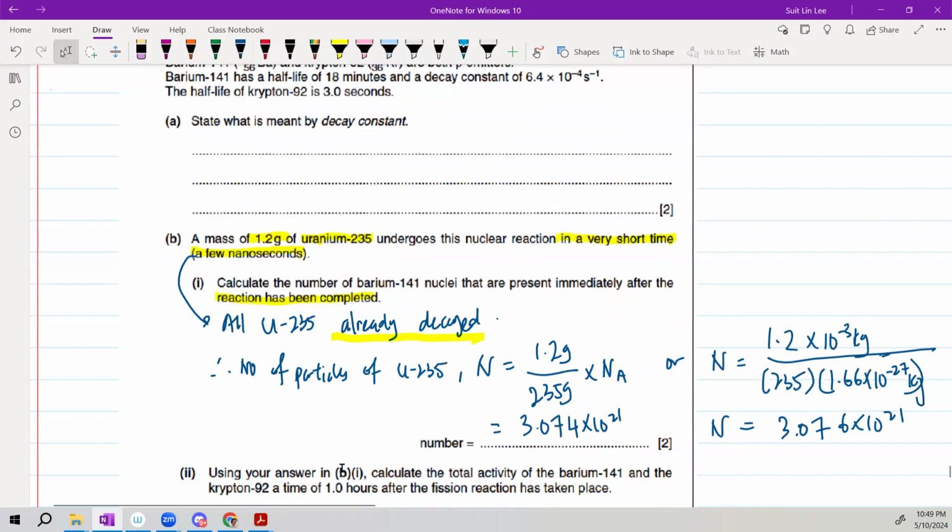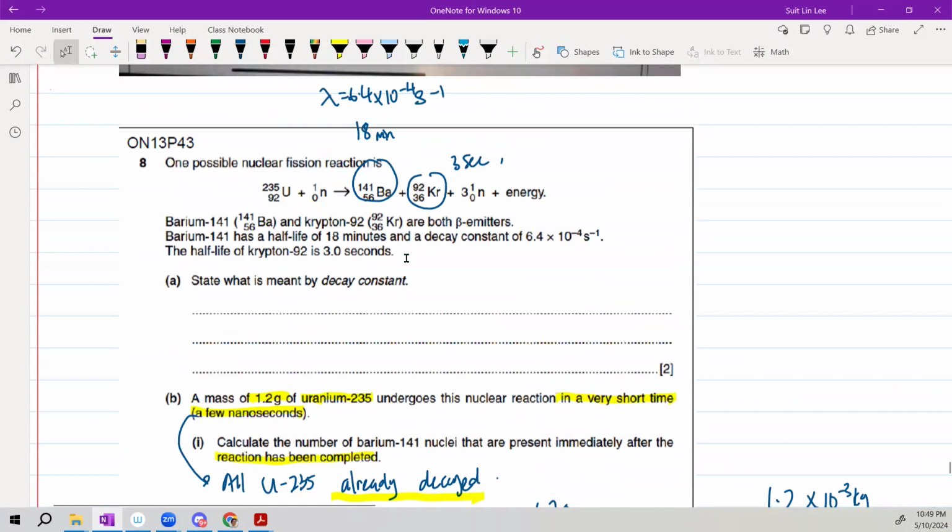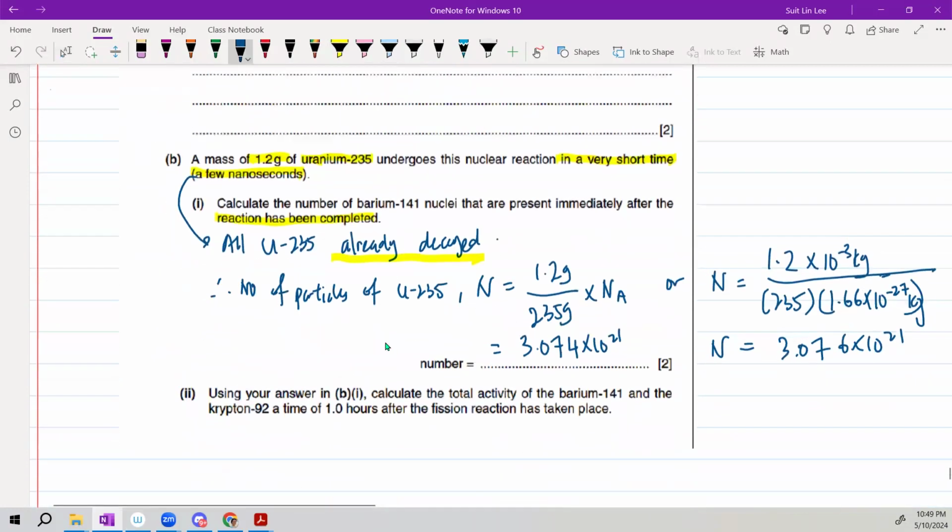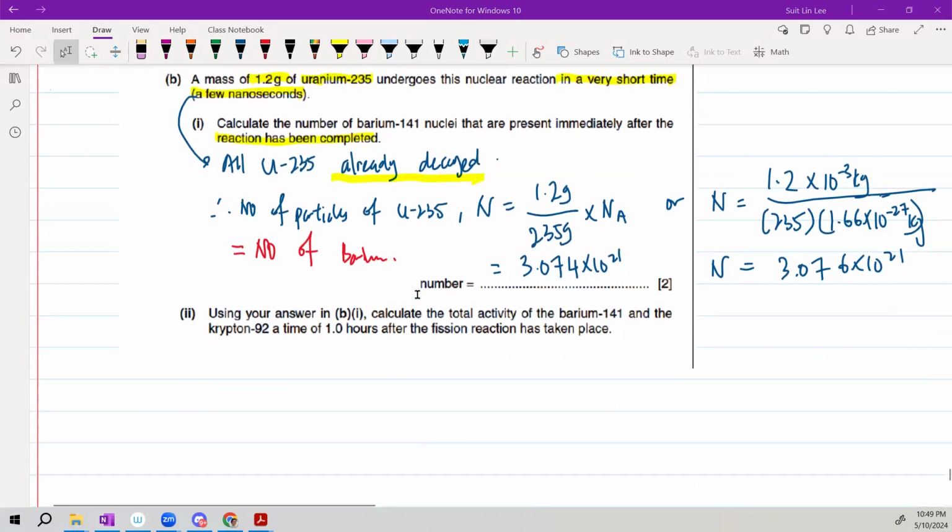So 1 uranium-235 will create 1 barium. Since all of the uranium-235 has decayed, this is also equal to the number of barium. The reaction has completed, there is no more uranium-235 and only barium remains. This is also equal to the number of kryptons, correct?